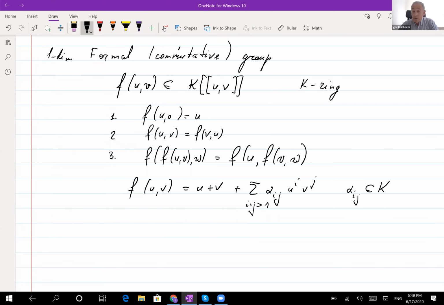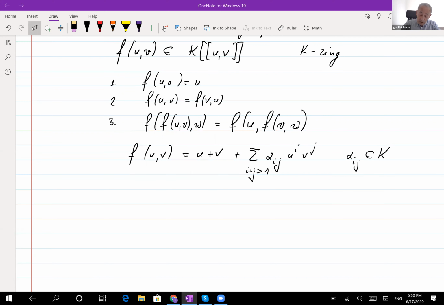So before I say a few words about the general theory of these formal groups, let me explain why we are interested in these formal groups in connection with cohomology theory.